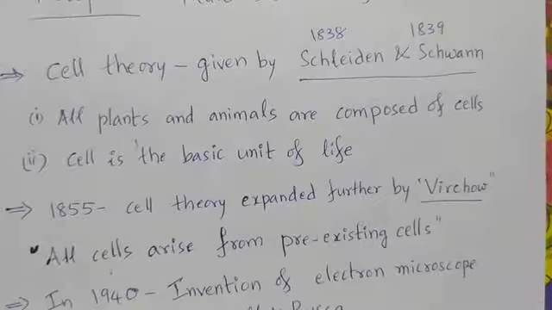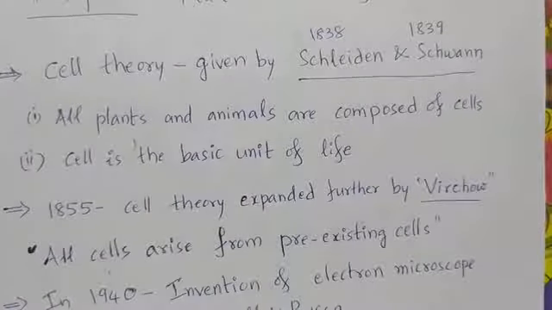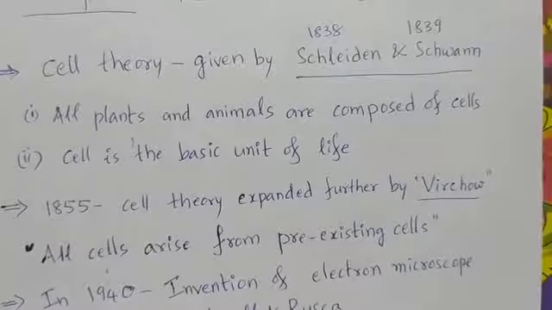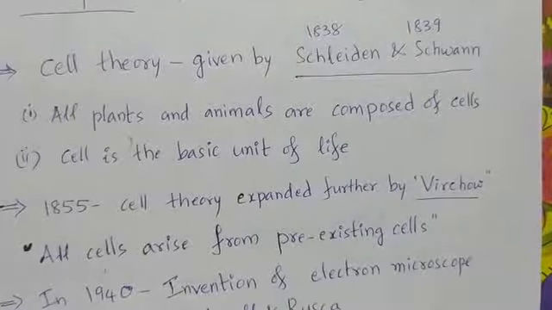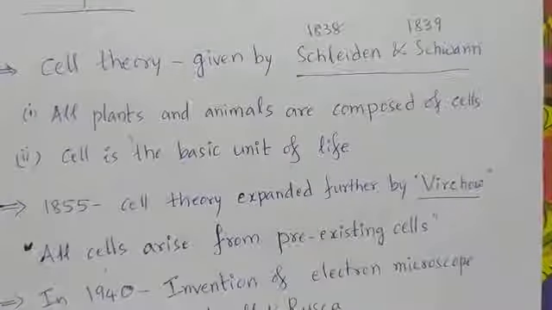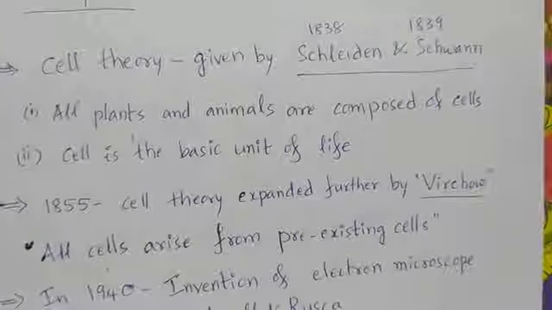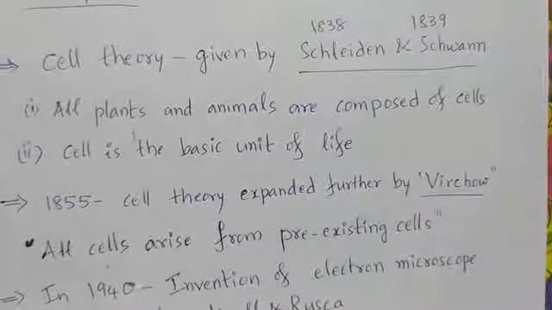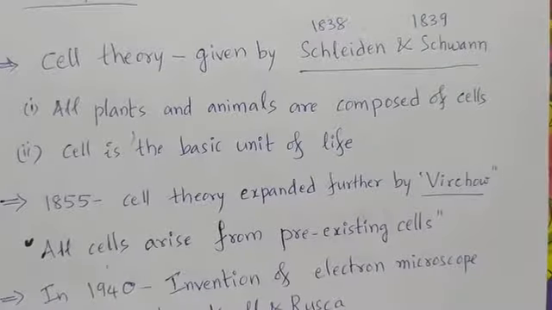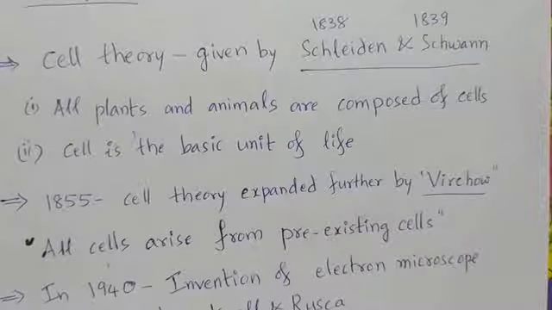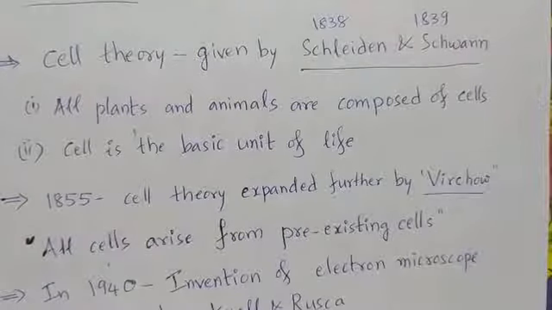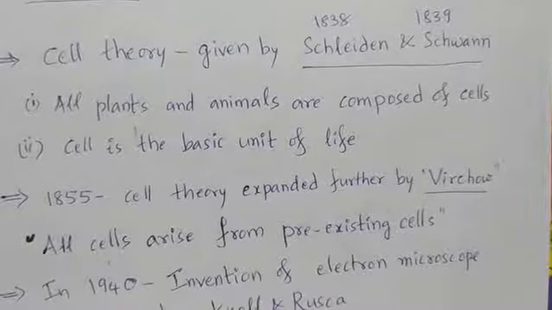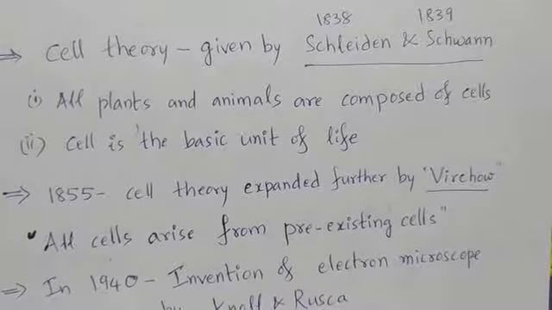These two statements were given by Schleiden and Schwann individually for plants and animals respectively, and as their statements are the same, the cell theory of Schleiden and the cell theory of Schwann were combined for plants and animals together. So these two statements are given by them.